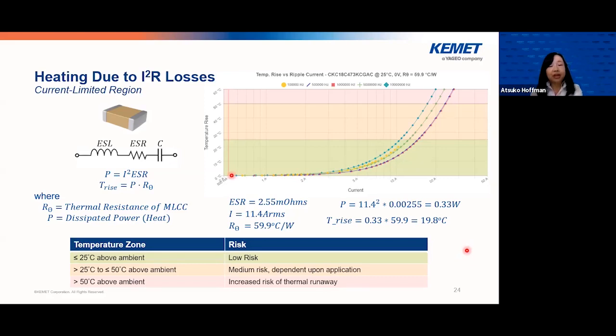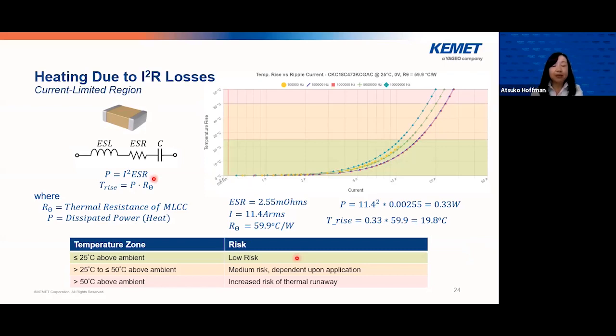We can call this the safe zone temperature, and it helps us understand whether the part is operating in an acceptable temperature range or not. Here we have summarized the table. If the temperature rise is less than 25 degrees C above ambient, we call it a low risk operation range.